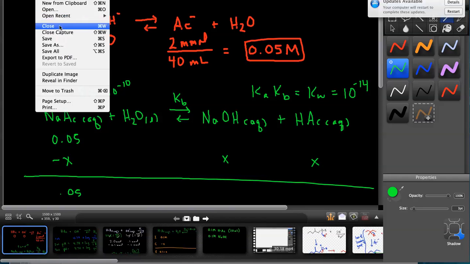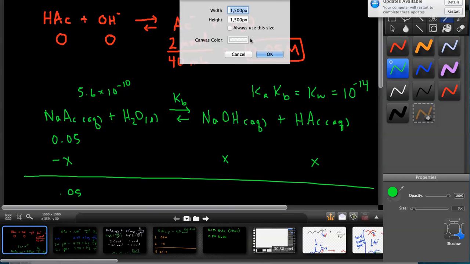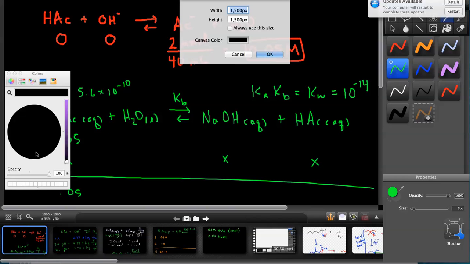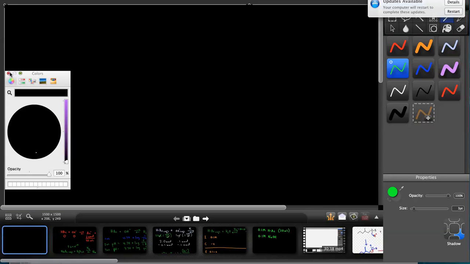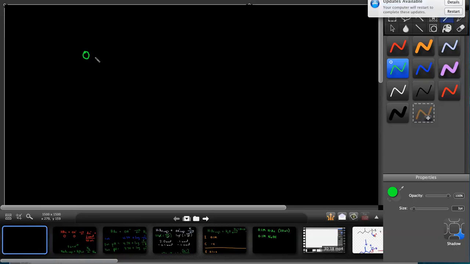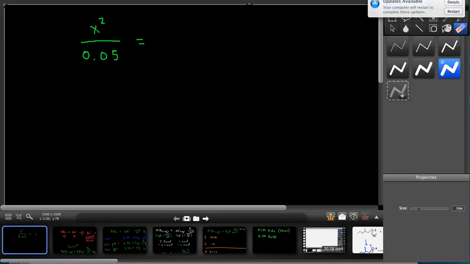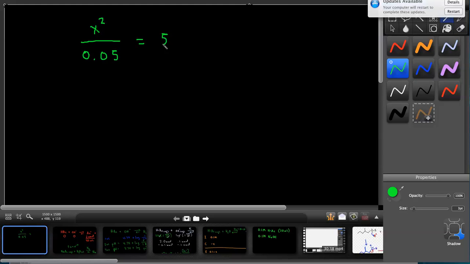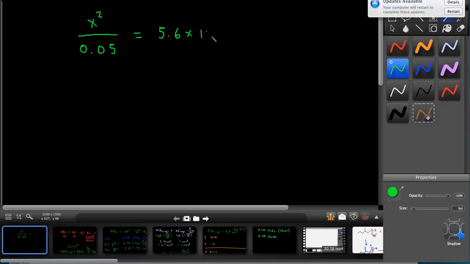So when I go to a new page to show you the math, we have 0.05 divided into x squared equals, excuse me, not 10, 5.6 times 10 to the minus 10.